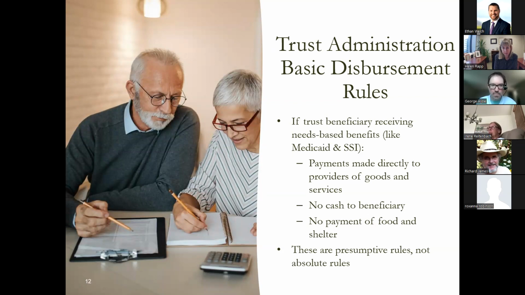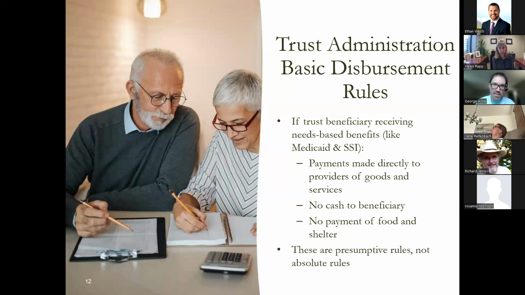Now that said, certain benefit programs will have a problem if you are making payments directly to the beneficiary, giving them cash. There are ways that you can do what's essentially the equivalent of that, but giving cash often can cause a problem. It's usually treated as monthly income, and that can cause a whole host of eligibility problems. For individuals on SSI, there's a special rule about the payment for food and shelter expenses.